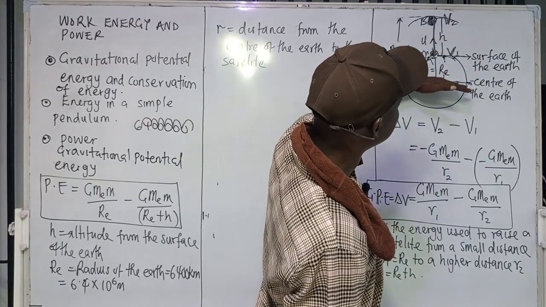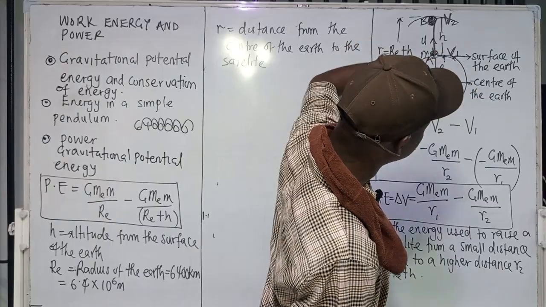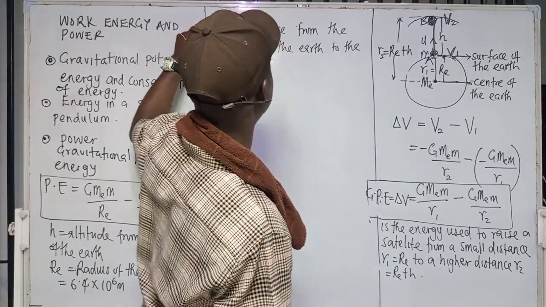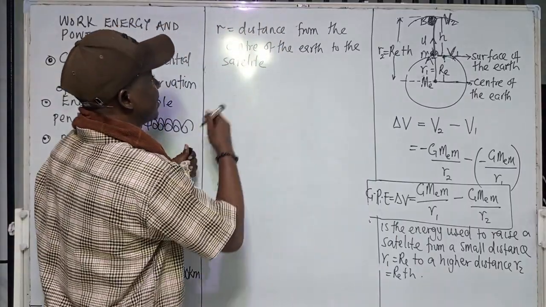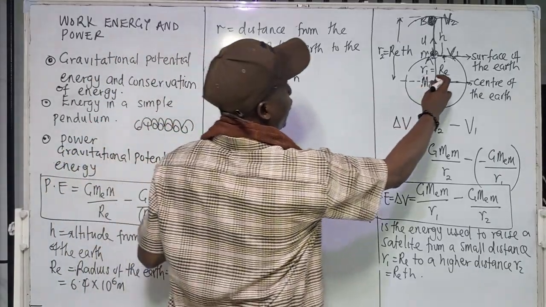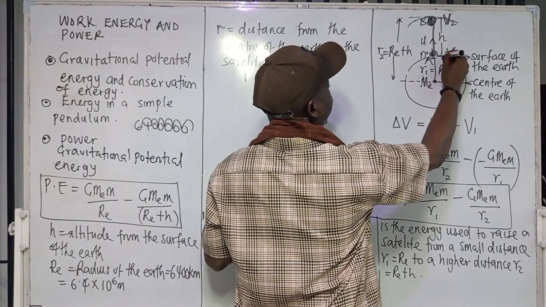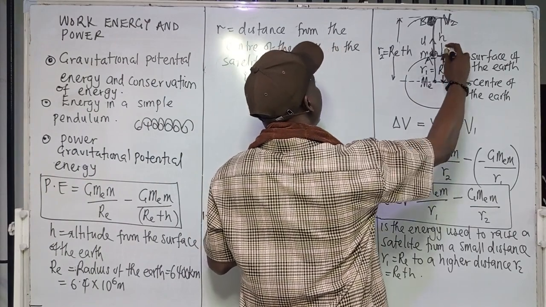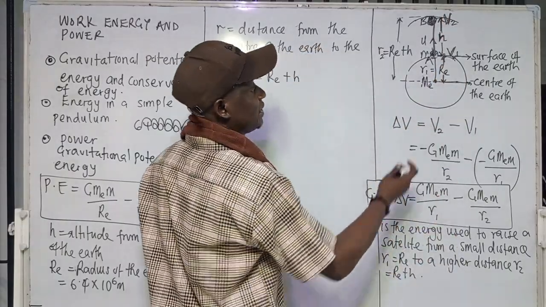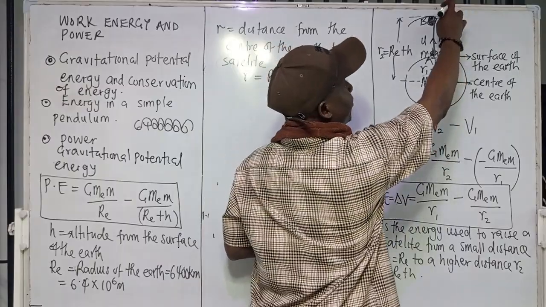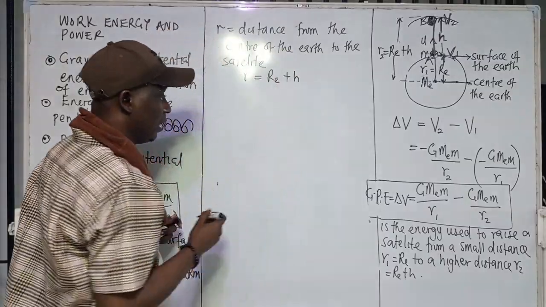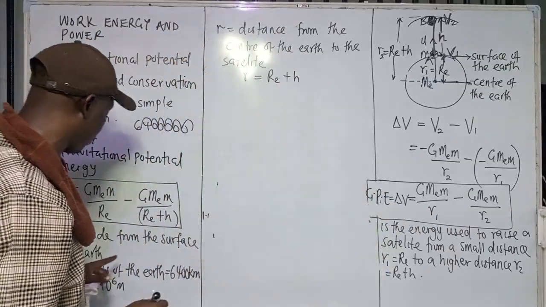From the center of the earth to the orbit is what we call the radius. So R equals RE plus H. Why? From here to this place is RE, and from here to this place is H, altitude. So the total height from here to here is RE plus H.